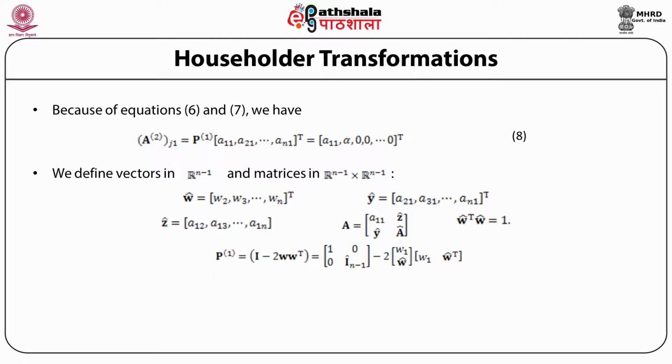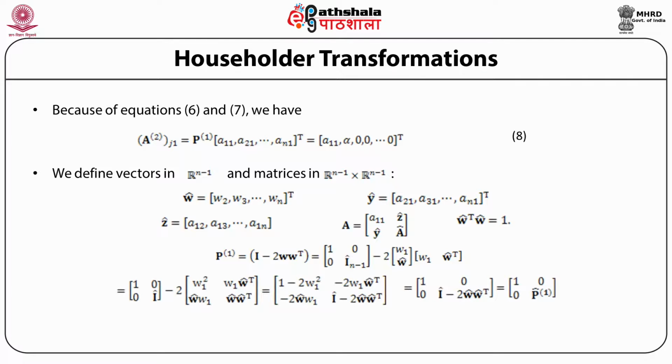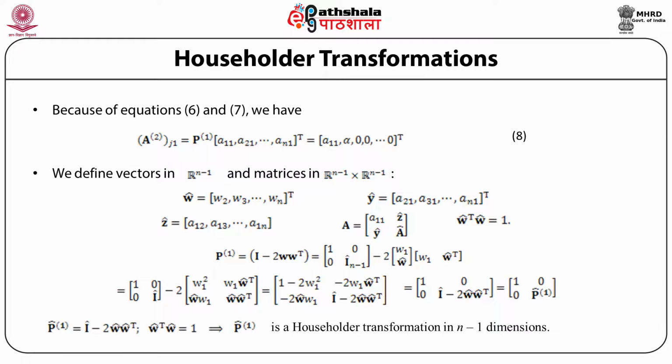So on solving this, we get the block matrix with 1, 0, 0 and P^{(1)}, where P^{(1)} = I - 2 W W^T and W^T W = 1, which implies that P^{(1)} is a Householder transformation in n minus 1 dimensions.